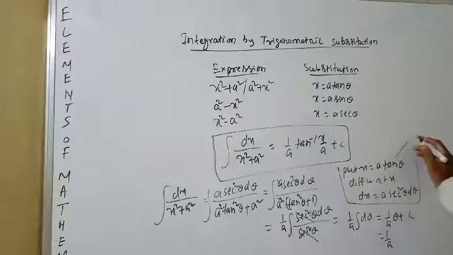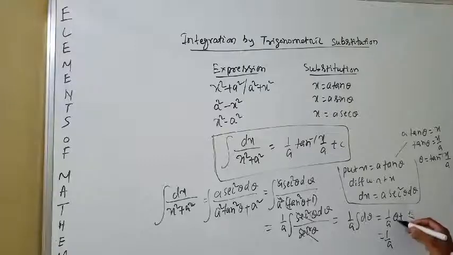Theta is equal to how much? Here you find out, a tan theta is equal to x. Tan theta is equal to x by a. Theta is equal to tan inverse x by a. So here you write theta is equal to tan inverse x by a plus c.